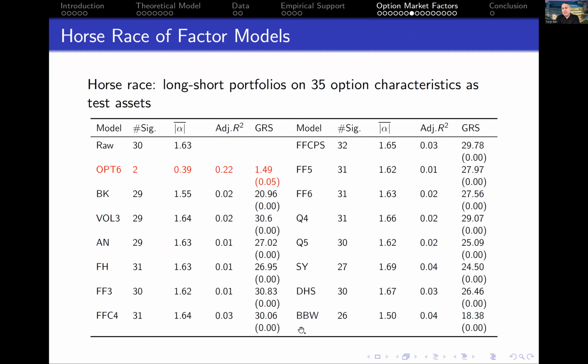Now, we run a horse race, but this horse race is not, I would say, fair, in the sense that these are stock factor models, bond factor models, and option factor models, but they are really constructed based on S&P 500 index return.